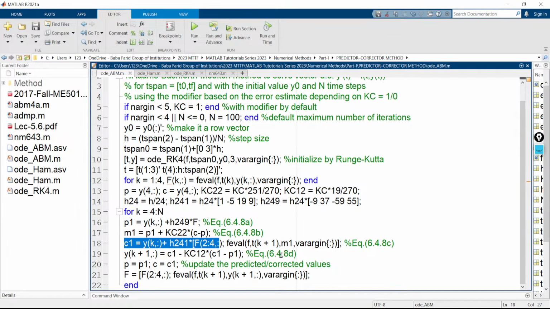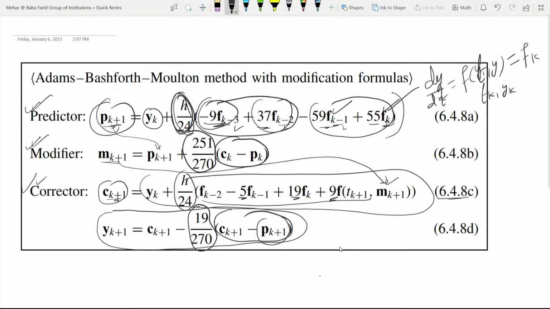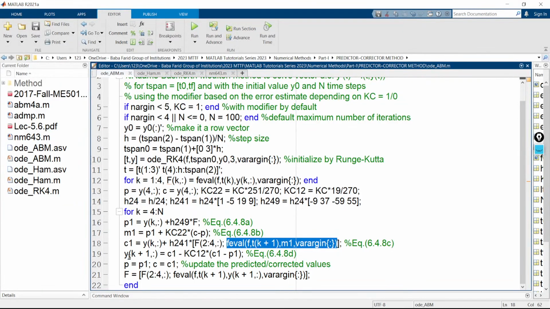The corrector will be C1 is equal to YK plus H24 product F24, and this value will pass. Note this, this is the corrector equation, this whole equation. Then we have the final solution, Yk plus 1 is equal to C1 minus KC1 times C1 minus P1.